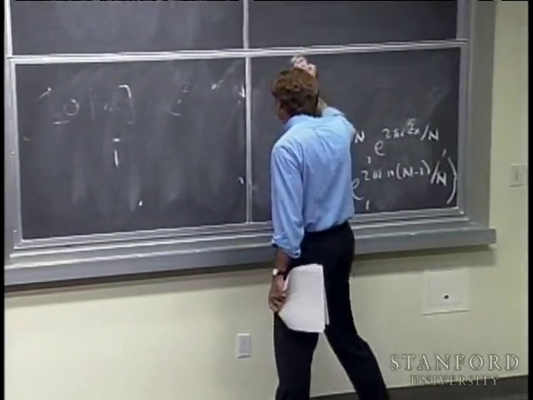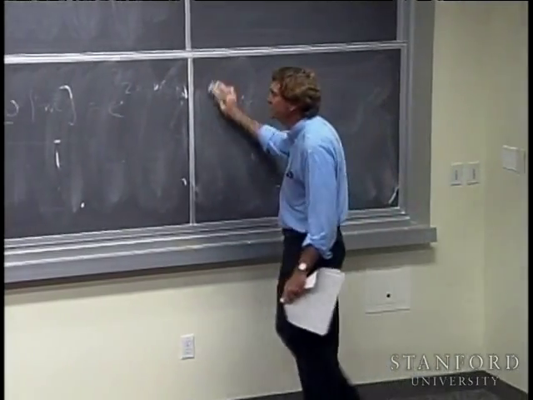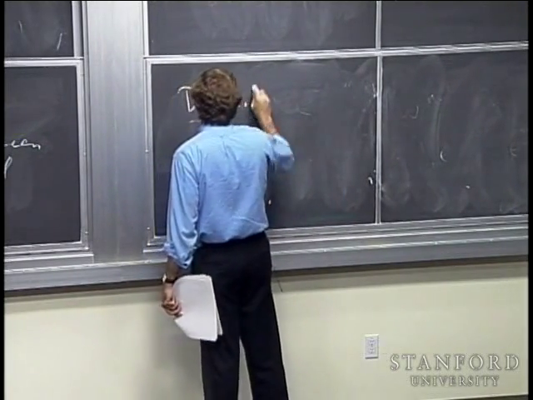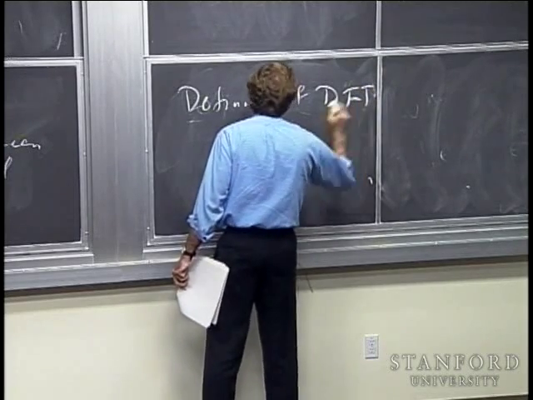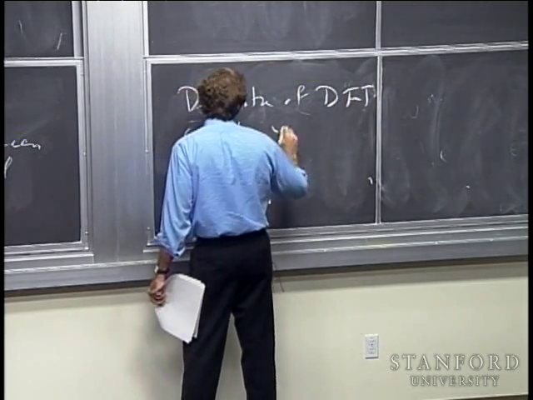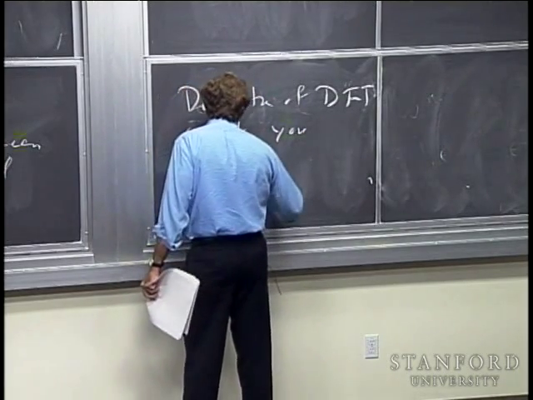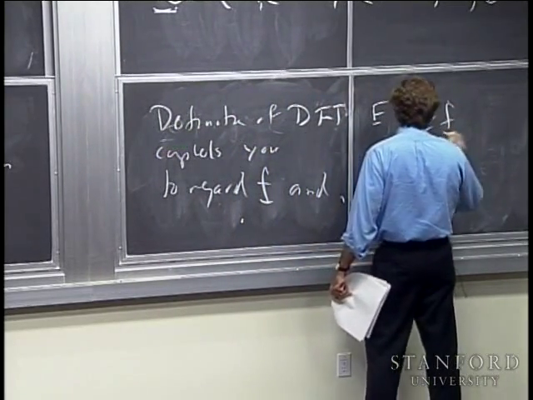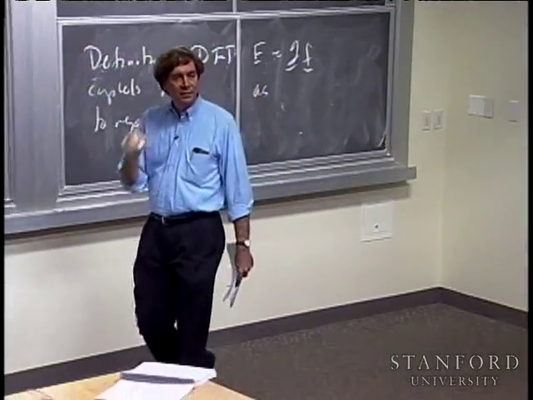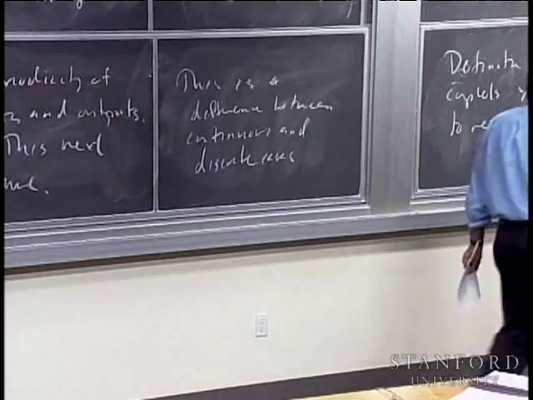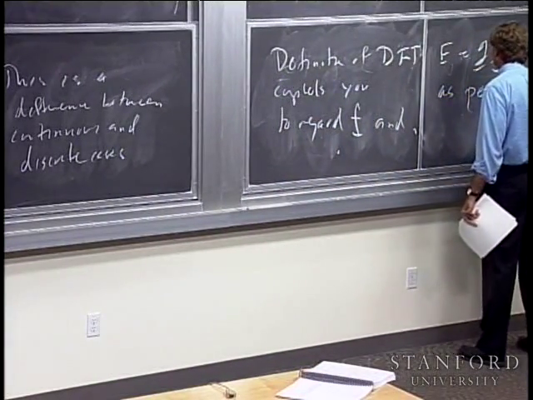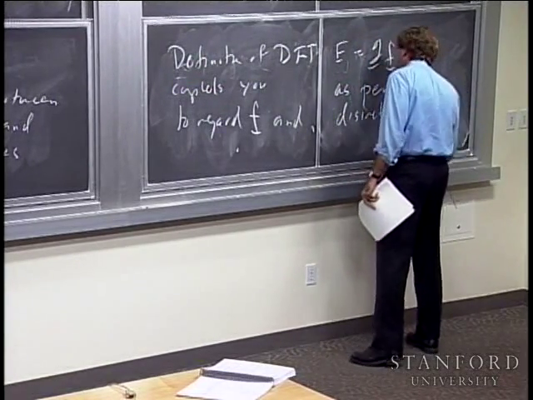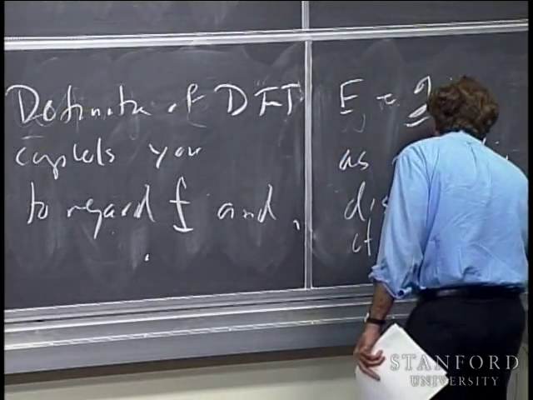The definition of the DFT compels you to regard the input little f and the output capital F, its discrete Fourier transform, as not just defined on the integers from 0 to n minus 1, but as periodic discrete signals of period n.